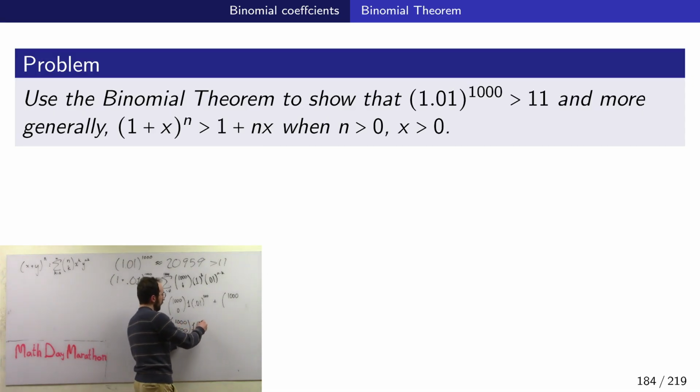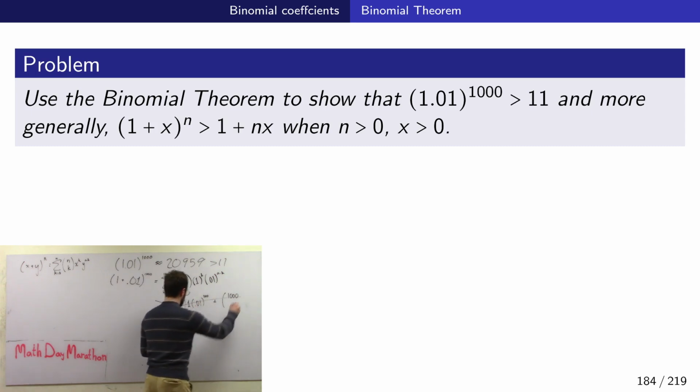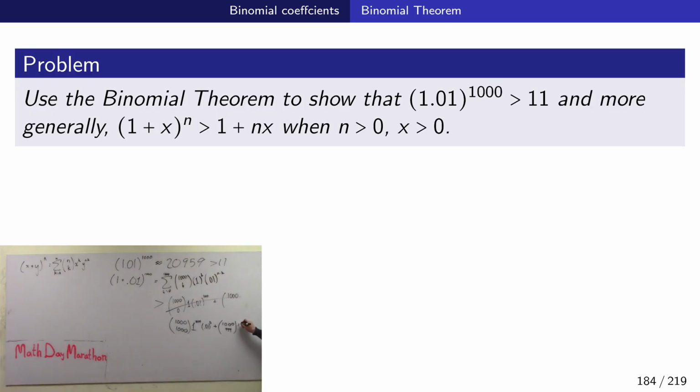So that is this guy raised to the 1,000, and then this raised to the 0, plus 1,000 choose 999, 1 raised to the 999 times 0.01 to the 1.